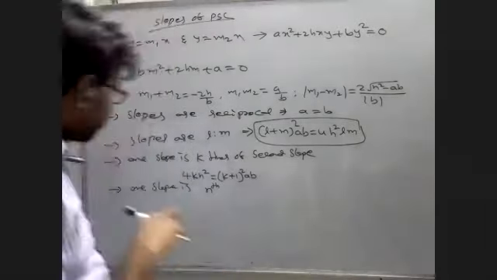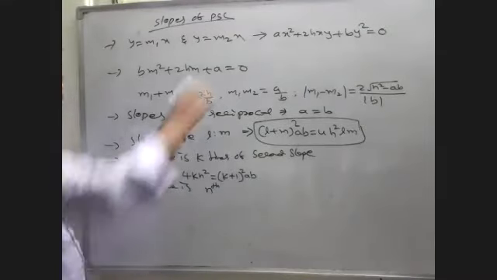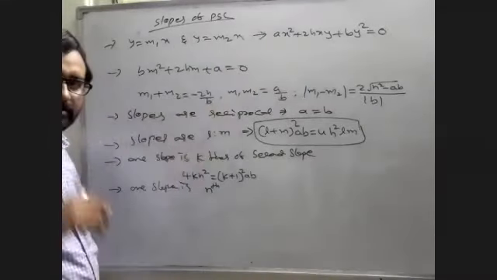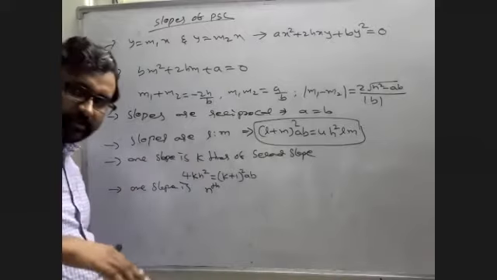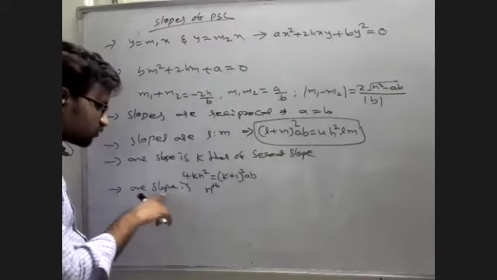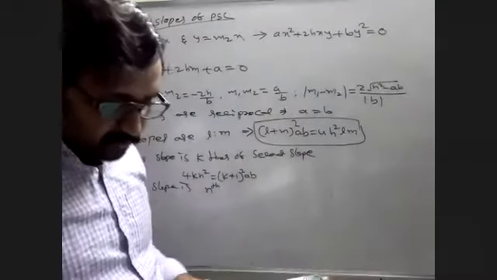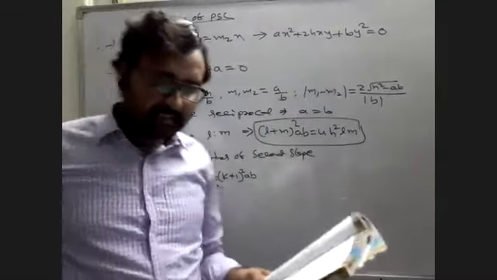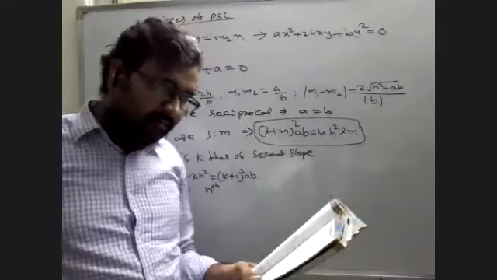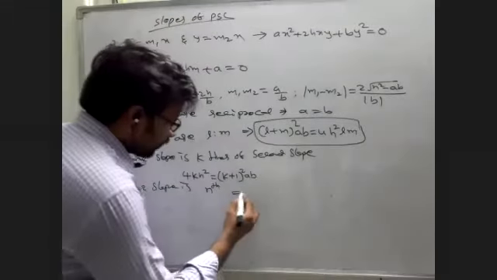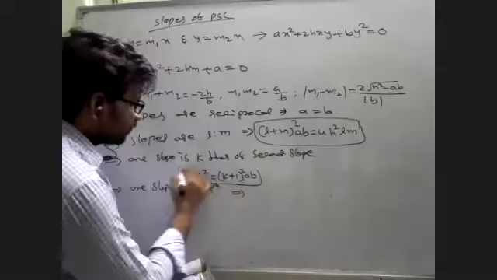For this equation we have 2 lines, and one slope is the nth power of the other slope.